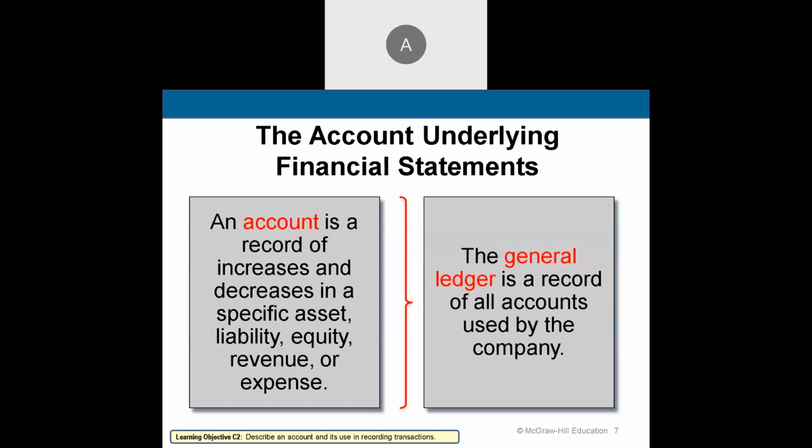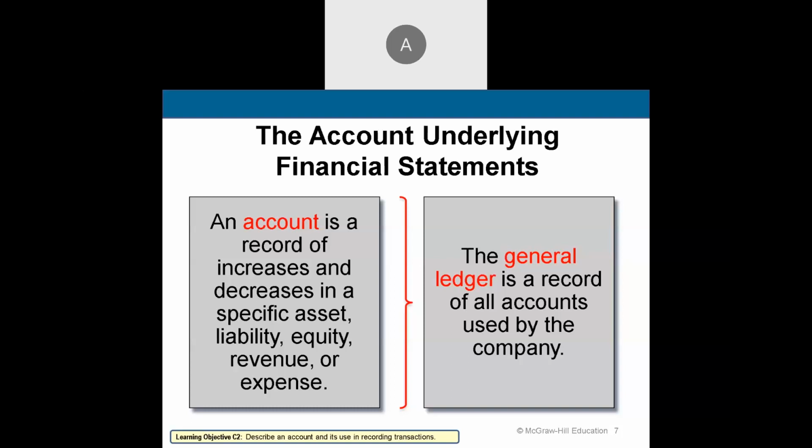Here's an example. I sold you lawn service. I mowed your lawn, and you paid me. That's the transaction, very easy. I debit cash to increase my cash.